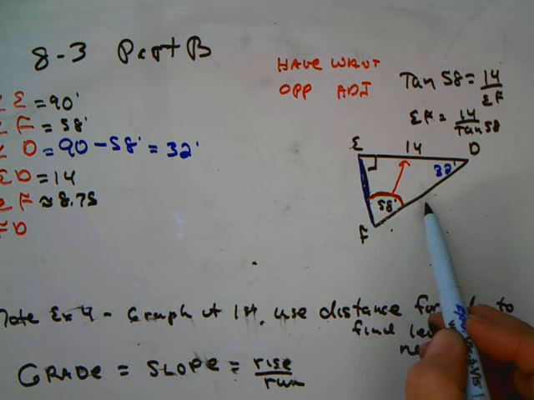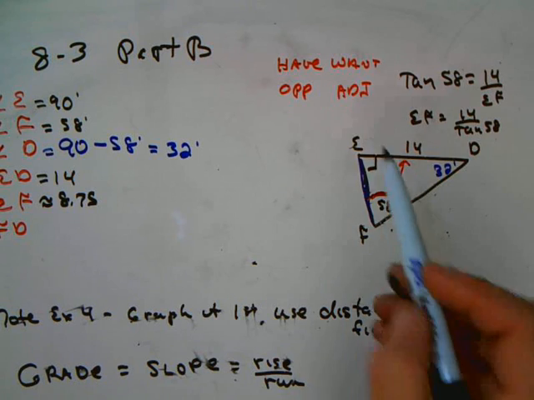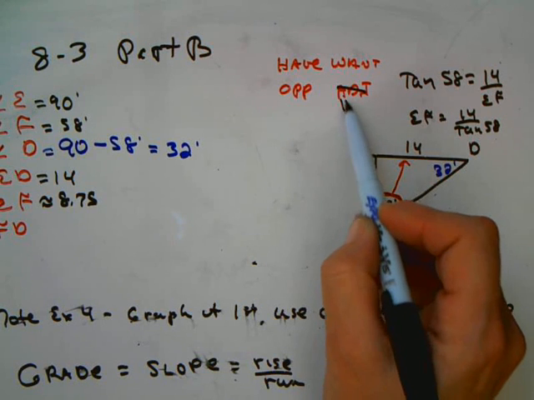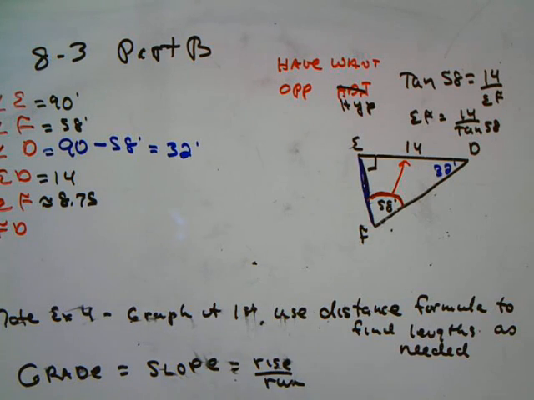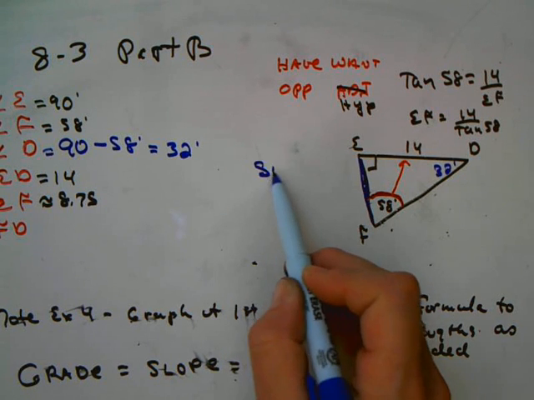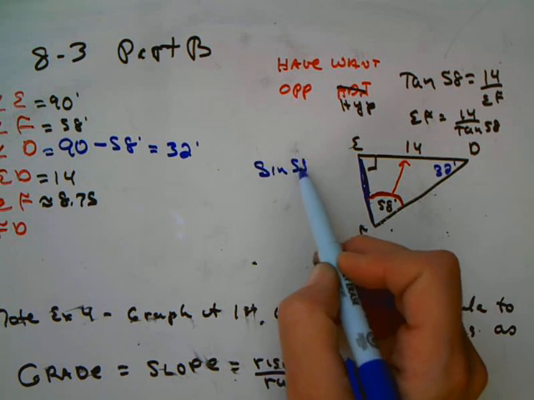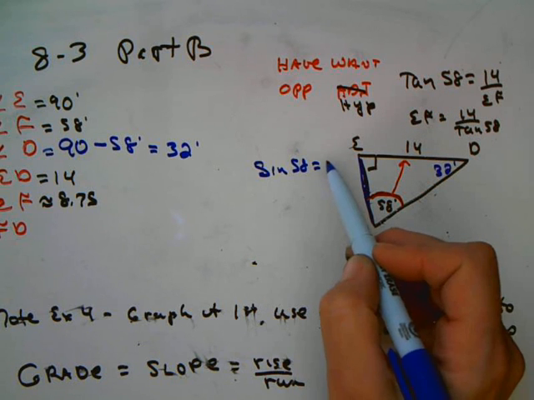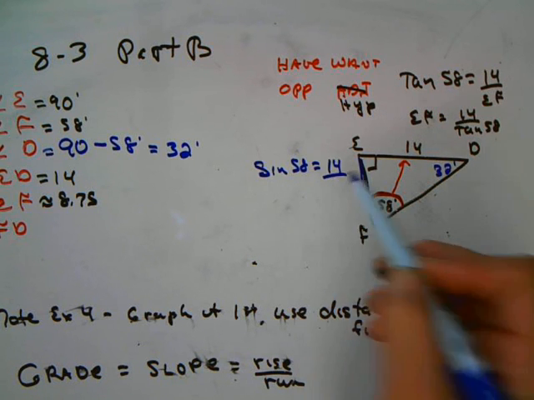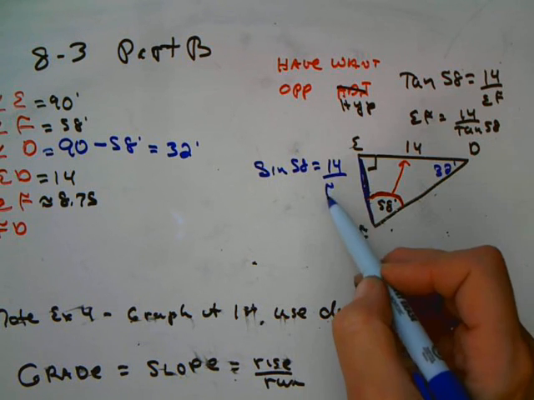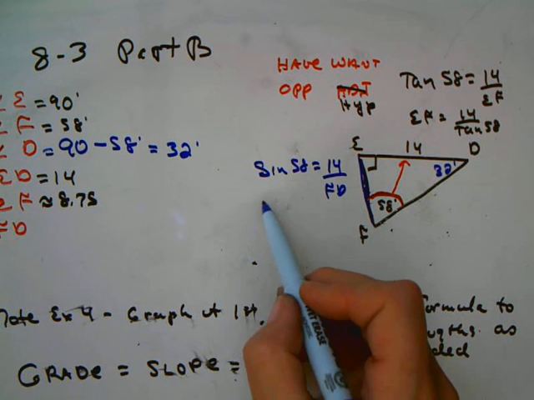Now I need to find the hypotenuse. If I have the opposite leg and I want the hypotenuse, sine is the opposite over the hypotenuse. So the sine of 58 degrees equals the opposite, 14, over the hypotenuse, FD.